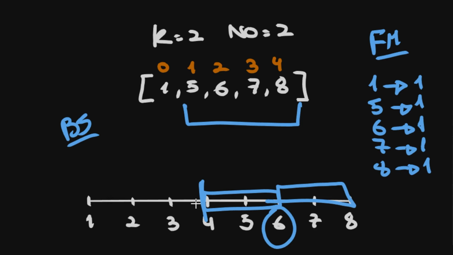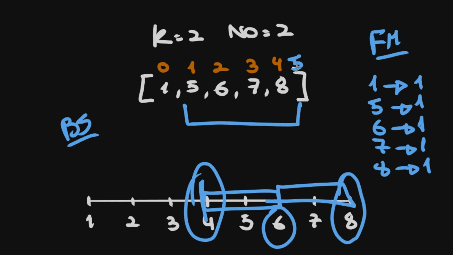First, we are using 4 as a target, and we run a binary search left in this array, so this will return index 1, meaning this left bound. And next we run a binary search right in the same array with 8 as a target, and this will return index 5, meaning this right bound.